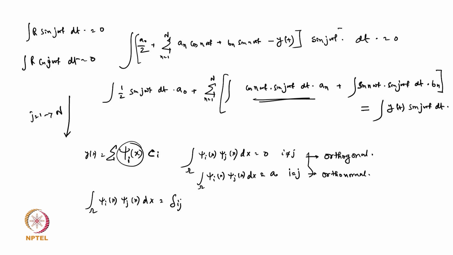And the beauty of the Fourier series is that all the coefficients of the Fourier series follow orthonormality. Therefore, what happens? Once you do this integral, for example, the integral of cos n omega t into sin j omega t dt, you will get 0.